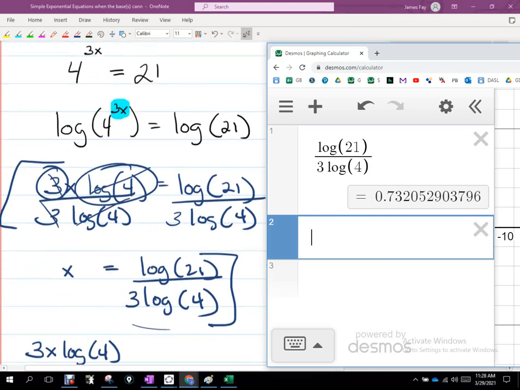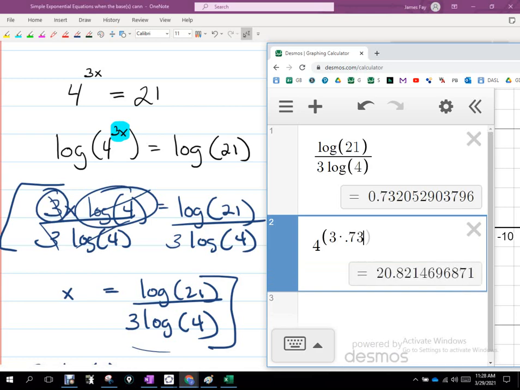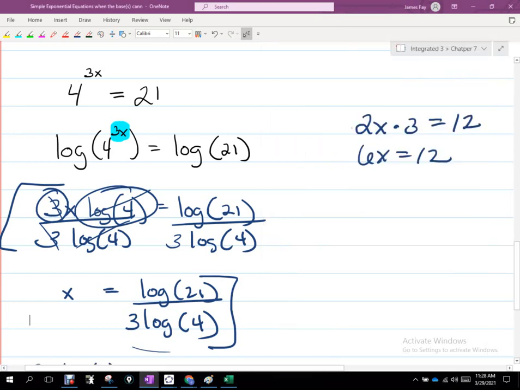Okay, so that means if I take 4 raised to the 3 times 0.732052903796, do I get back the 21 that we're looking for? Okay. So you can do that division if you've got an exponent that has a coefficient here.